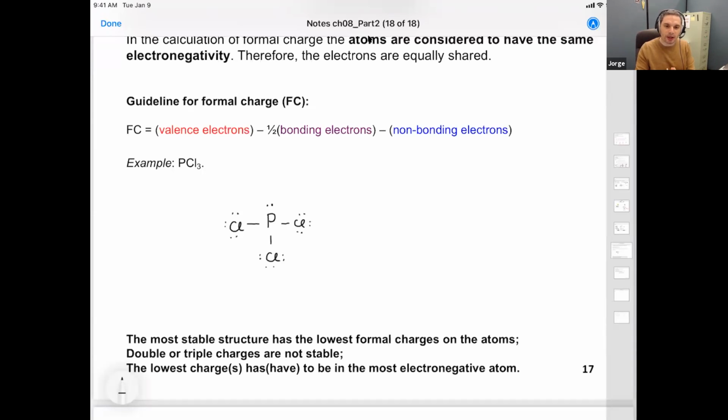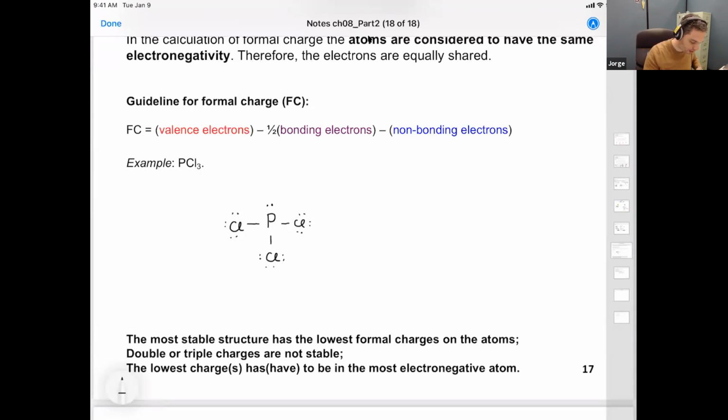To check if this structure is stable, we will calculate the formal charge of all the different atoms in this structure. The stable structure will have neutral charges in all the atoms.